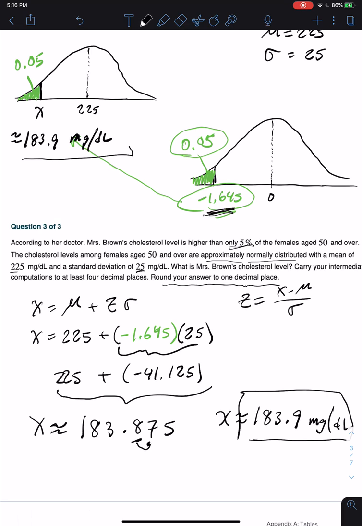Okay, I hope that helped out. And so she's doing really great, right? Mrs. Brown's cholesterol level is higher than only 5% of the population, or 5% of the females that are 50 and over. So there she is at a great spot, and her cholesterol is not bad at all.